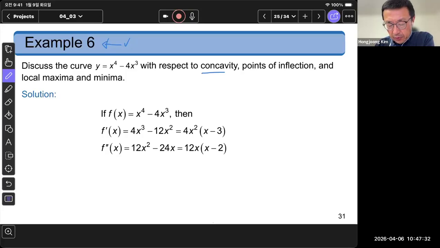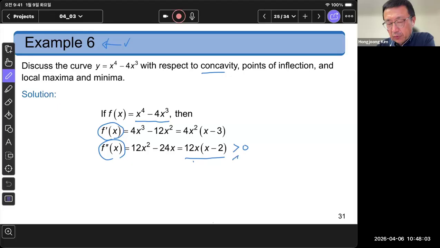So if the right hand side is denoted by f of x, I can find f prime and f double prime. So f double prime is 12x times x minus 2. So I need to find the intervals where this f double prime is positive, then on those intervals your function will be concave upward.